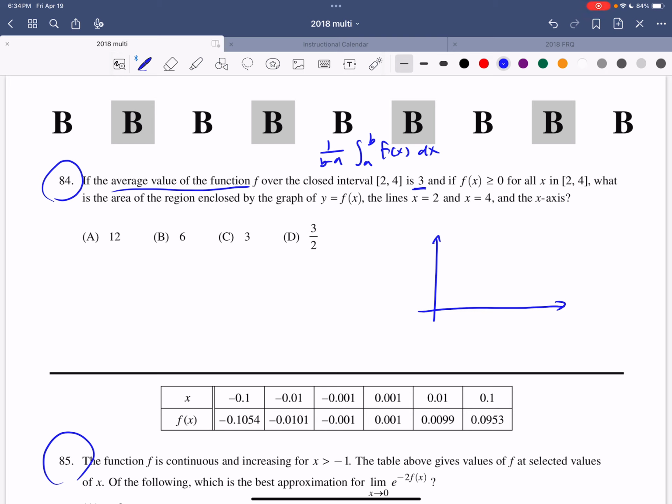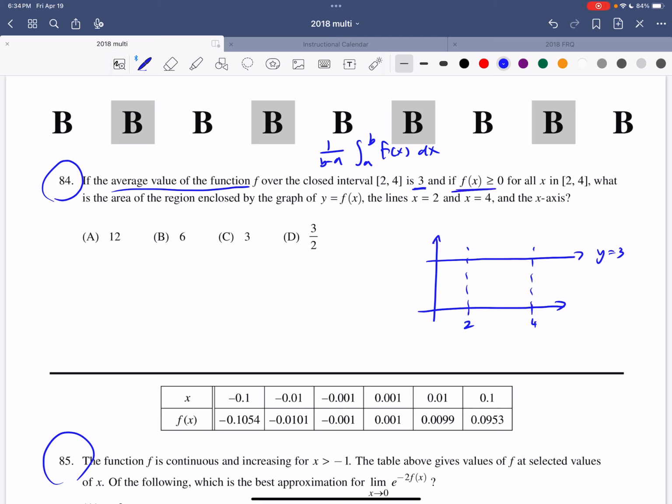So what I know is you have a y equals 3 here. Let me put this one. And then we have x value, which is x equals 2, x equals 4 here.